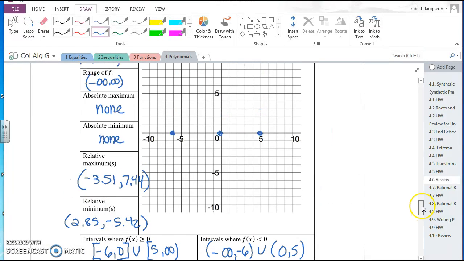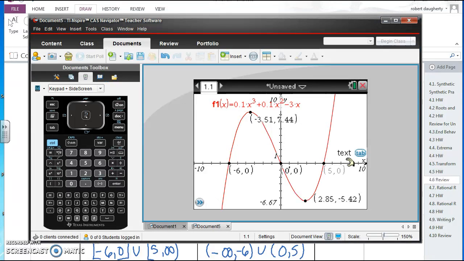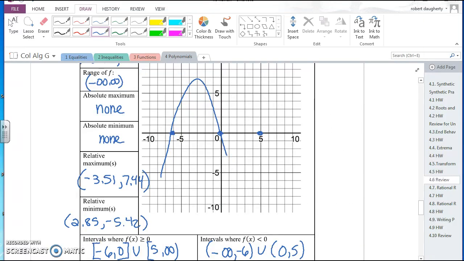So if I were to graph that guy, it did something like this. So something up. And then how far down did it go? It went to about negative 5, so somewhere like this, okay? So that was a rough sketch of the graph. But again, using your calculator, you can get a lot of information that we just got from the zeros and the extrema, the max and mins, okay?